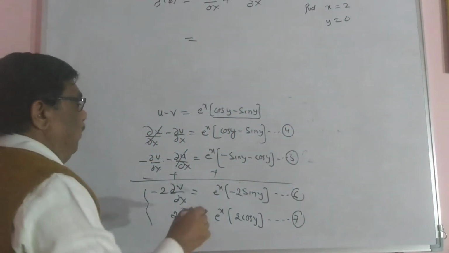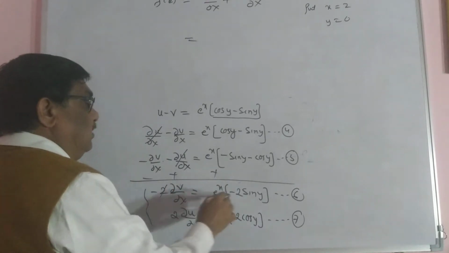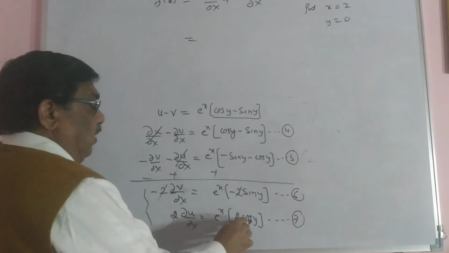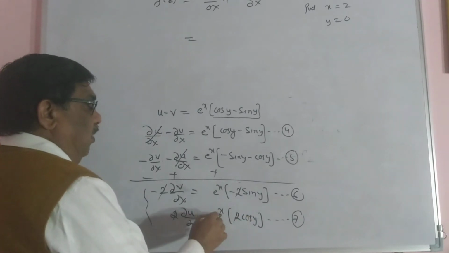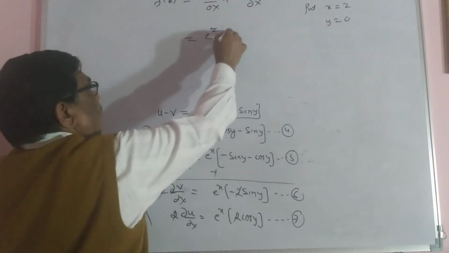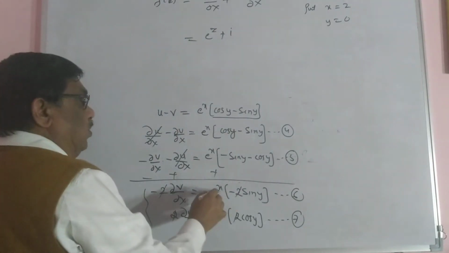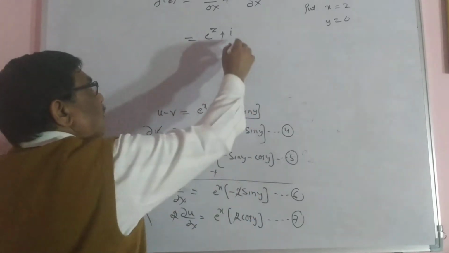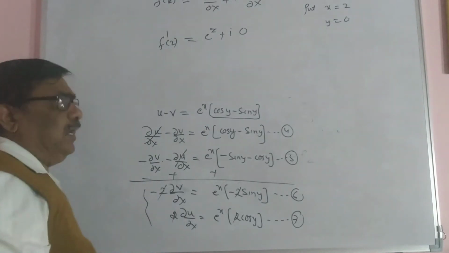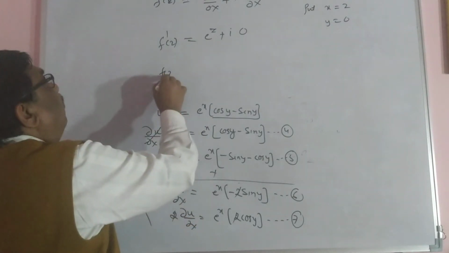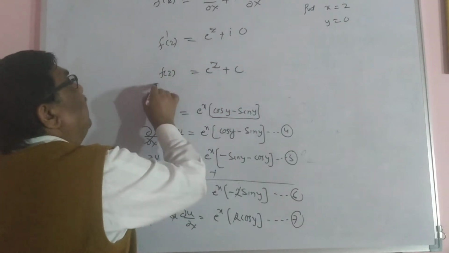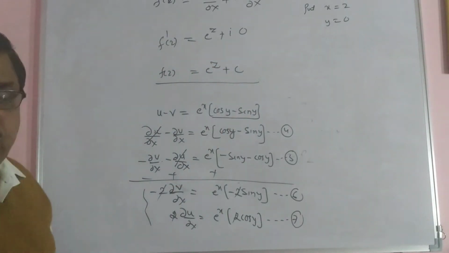So the 2 cancels, ∂u/∂x is e^x cos y, cos 0 is 1 because y is 0, so e^z plus i ∂v/∂x, e^z sin 0 is 0, it is f'(z). Then integration gives f(z) equal to e^z plus integration constant c. This is how we are doing.